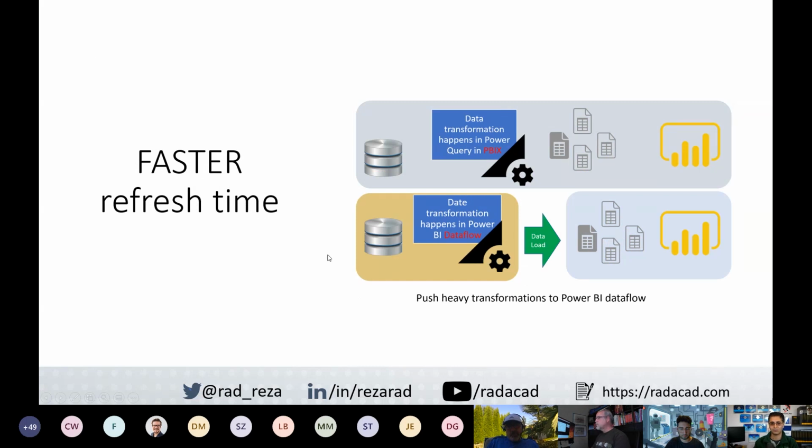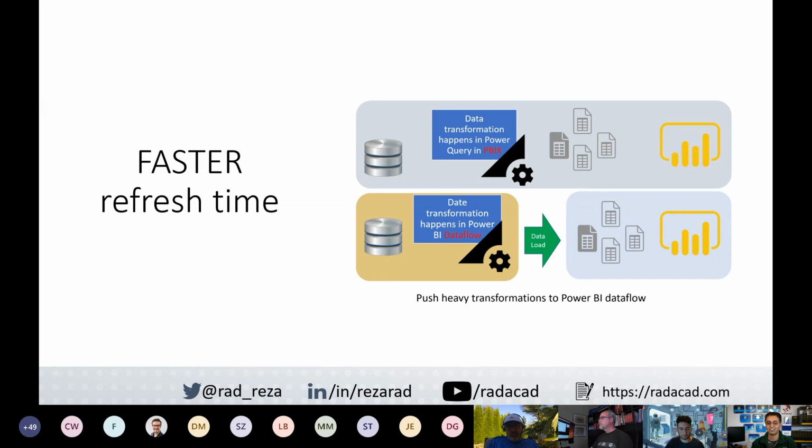Now this also, sorry, helps in making the refresh time faster, because sometimes you might have a really long-running Power Query expression. It takes like 20 minutes, 25 minutes, because the data source is slow, or because the transformations you have applied are quite expensive.